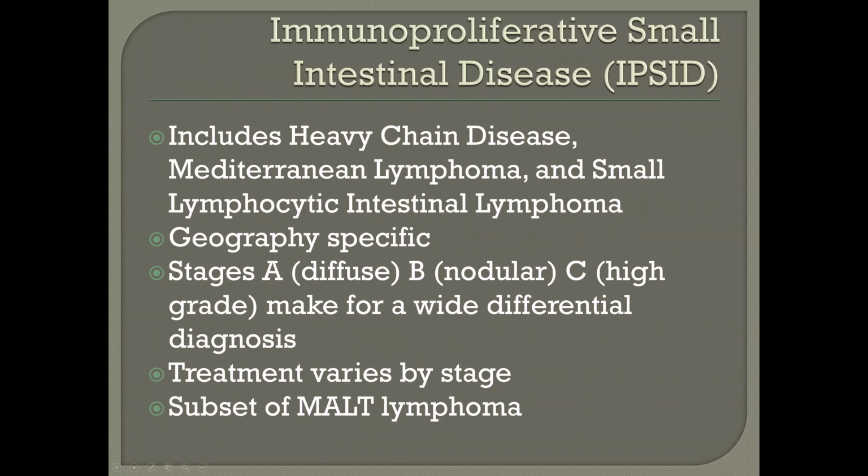These lesions can be somewhat geographically specific, obviously by virtue of the name here, and the category of growth in terms of staging: a diffuse pattern termed stage A, a nodular growth pattern categorized as stage B, and a high grade or grade C, which has a much more high grade morphologic appearance. Clearly, the treatment is going to vary by stage, and these, again, are a subset of the mucosa-associated lymphoproliferative disorders.